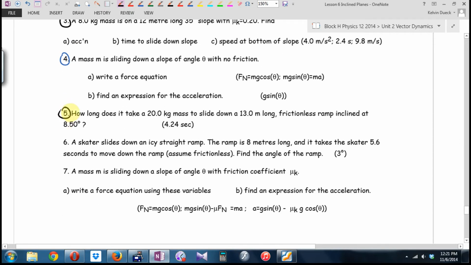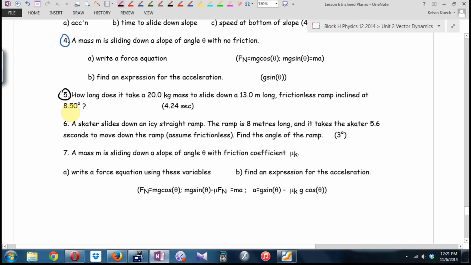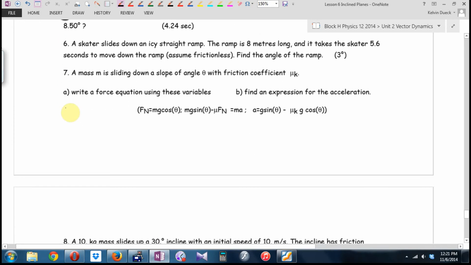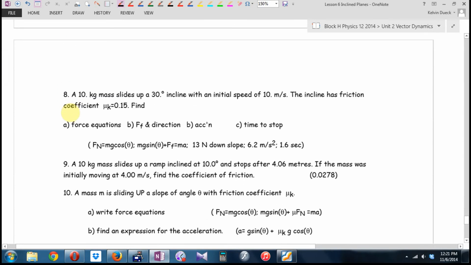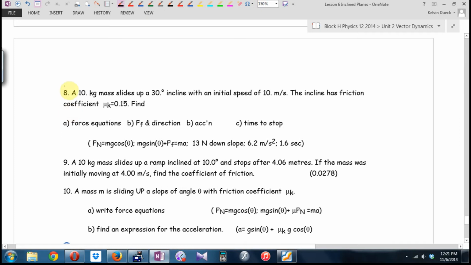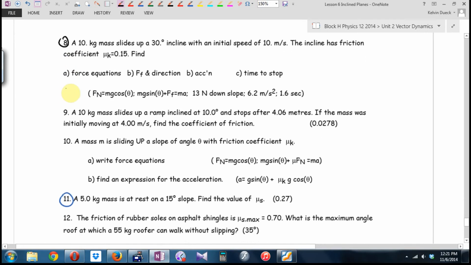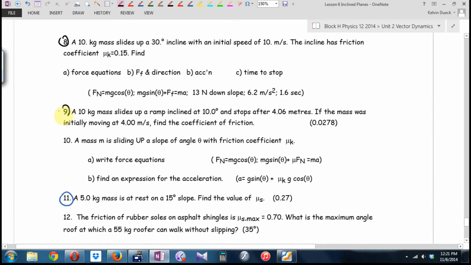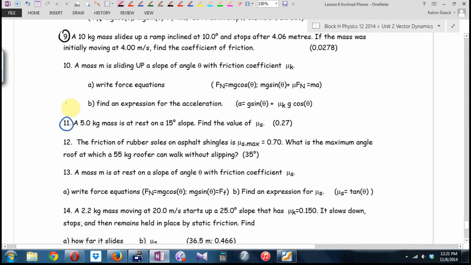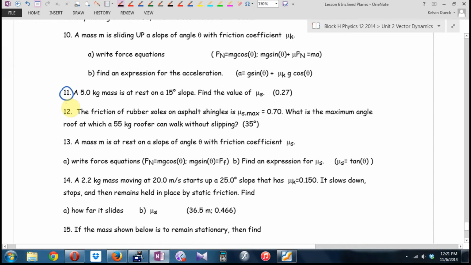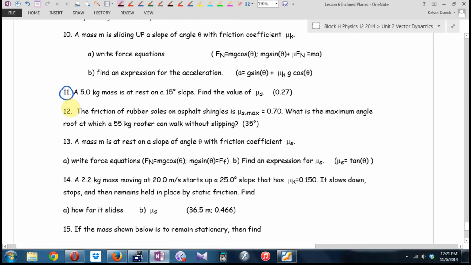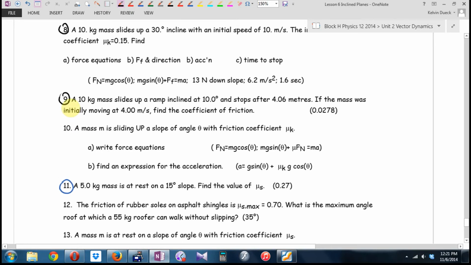5 is good. Eight is good. 9 is good. Did I say 8 was good?